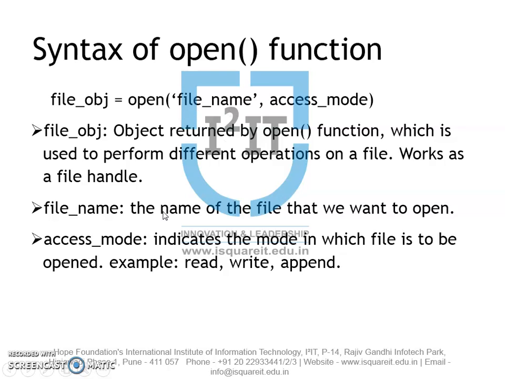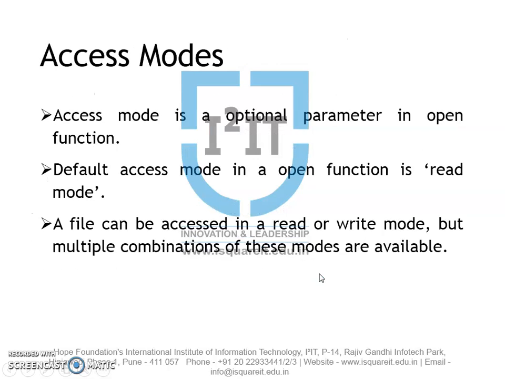file_name is the name of the file that we want to open, and this access_mode indicates the mode in which we want to open that file. That is, whether we want to only read the data from that file, whether we want to write the data in the file also, or we want to append some data in the file. So these are the access modes. Access mode is an optional parameter in the open function.